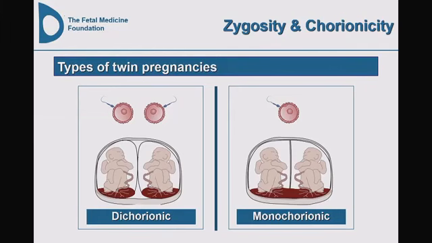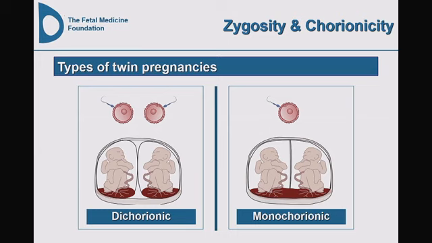And when we start with zygosity and chorionicity, do you think that those two terms are the same? Actually, in clinical practice, what matters is chorionicity rather than zygosity, but let me go through with you what zygosity is. Well, we have different types of twins.